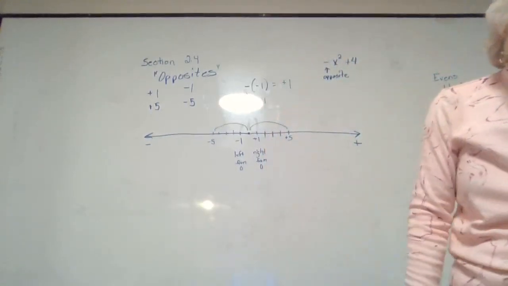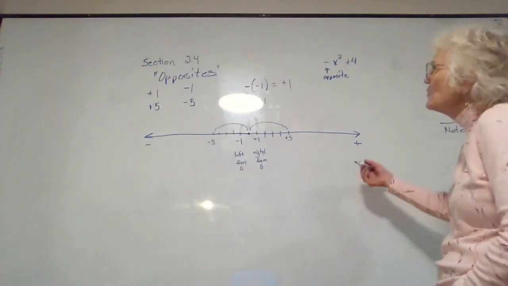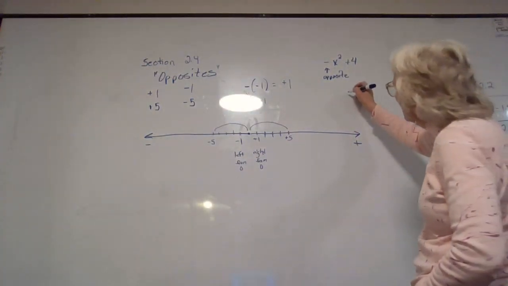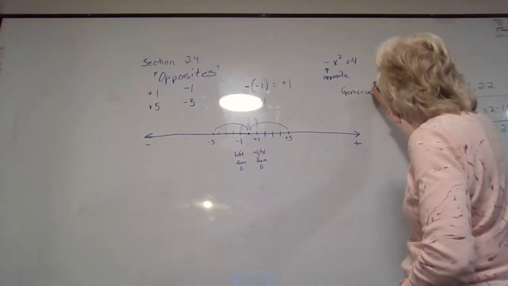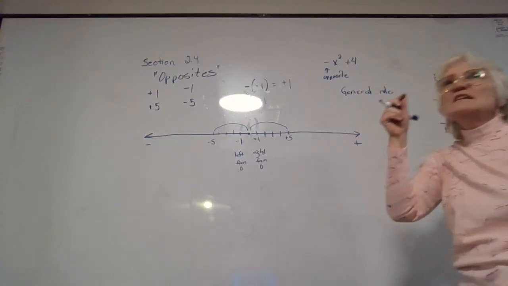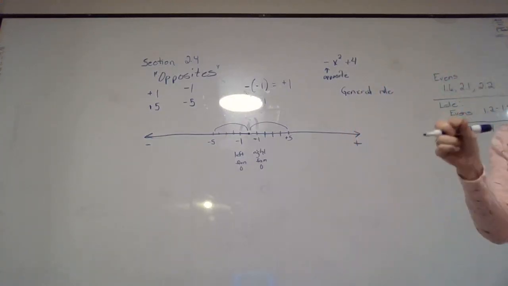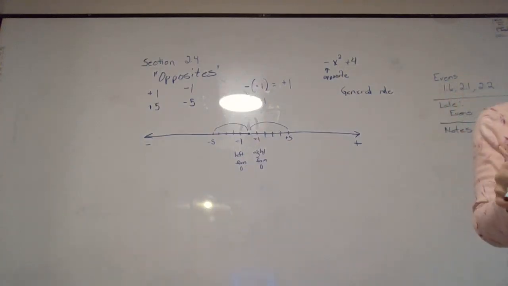So one thing we can find out, this is kind of a rule, this is the general rule. A general rule is given in variables. That's why we start to learn algebra, because we're trying to make general rules.